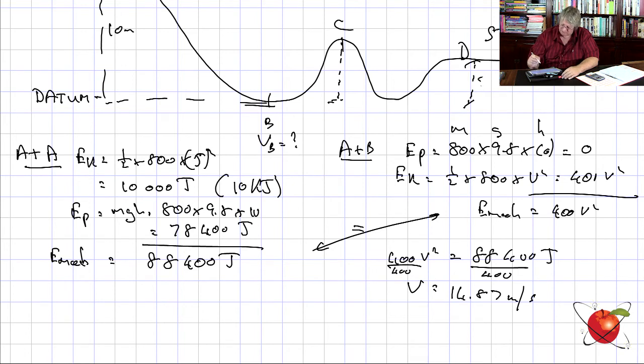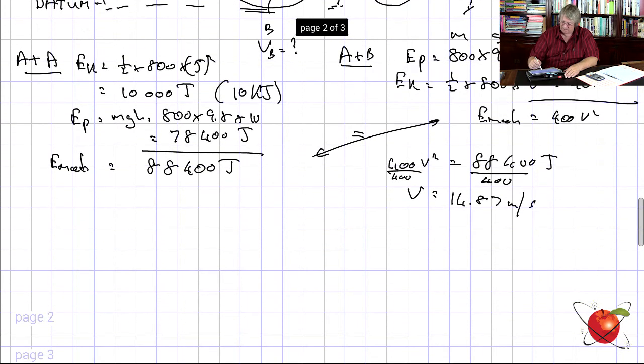Let's not say that. Let us say that over here, they've asked us to calculate the height that the station needs to be, all right? Because of the maximum velocity that this train can come in at the station. Let's say that at D, let's have a look what they tell us.